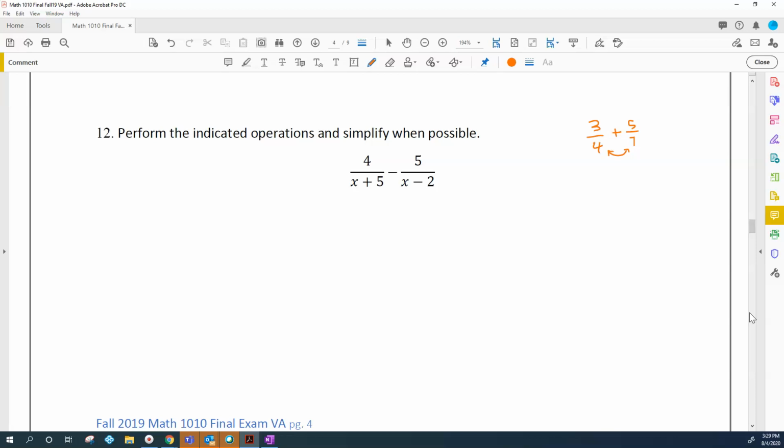The same thing happens here. Our common denominator is going to be x plus 5 times x minus 2. Okay, so I'm going to write this down with the common denominator.